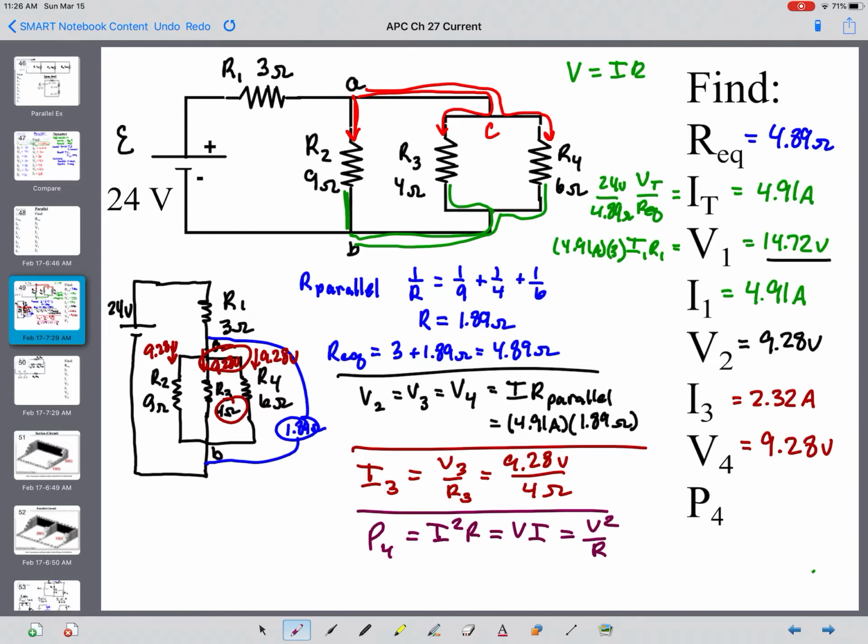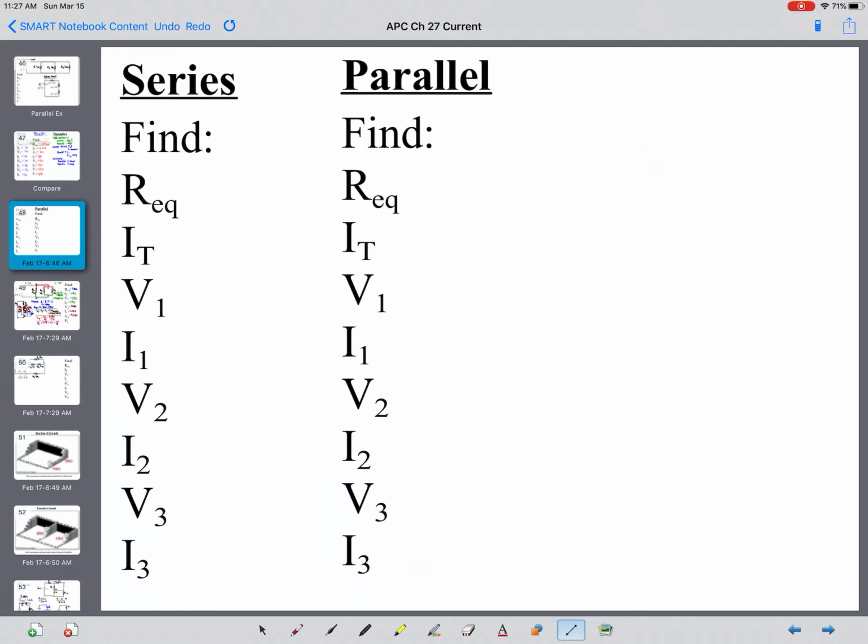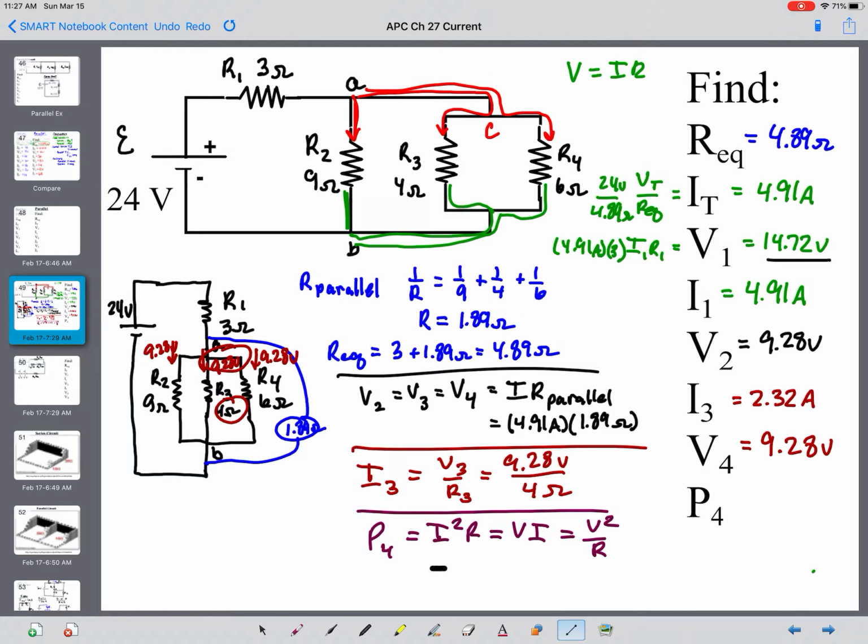On resistor 4, we have labeled on our diagram V and R. So I would probably go power 4 is V squared over R, and that's going to be 9.28 volts squared over resistor 4, which is 6 ohms. When we do that, we get 14.35 watts.